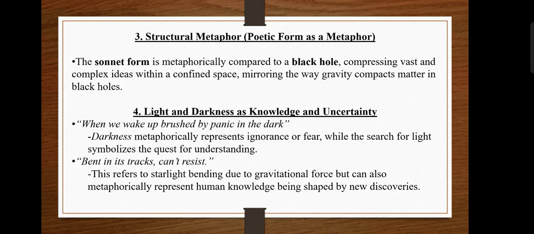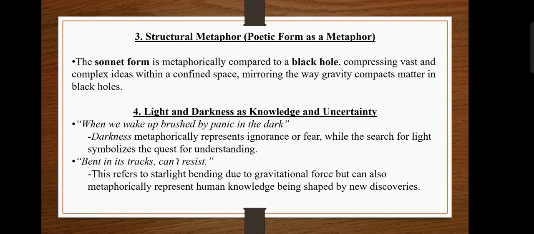So structural metaphor means the poetic form as a metaphor. The poem Relativity itself is in the format of a sonnet. A sonnet is a 14-line poem, and the form of the sonnet is metaphorically compared to a black hole, which means inside the black hole, even light or sound cannot escape. All the rules of physics, all the rules of the universe are altered over there.